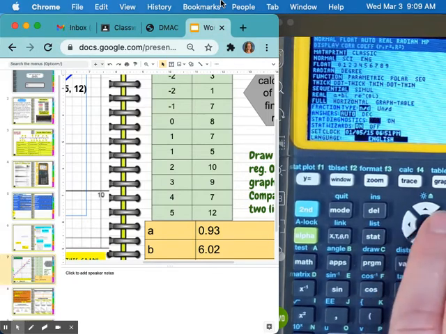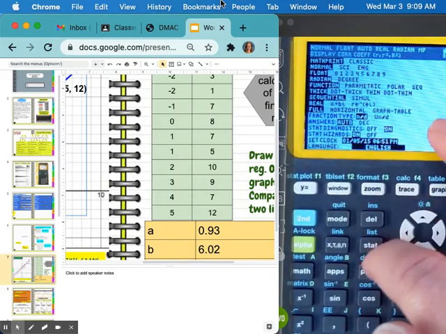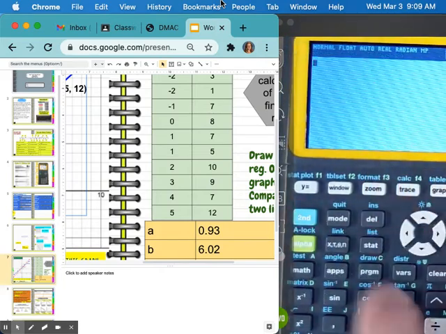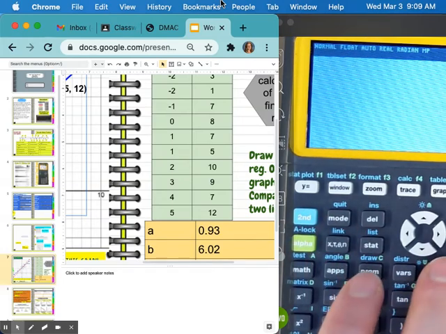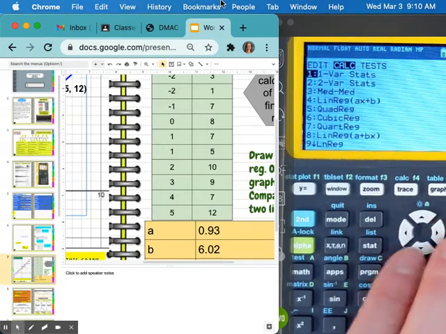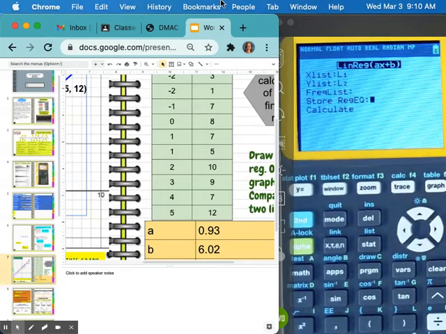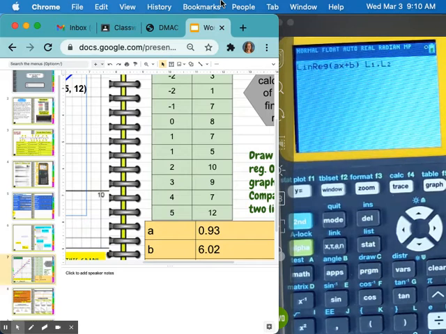Turn it on. Once you have it on, do second quit. Don't clear out memory or anything like that. Then go back to stat, calculate, number 4, enter. It gives us our R value.